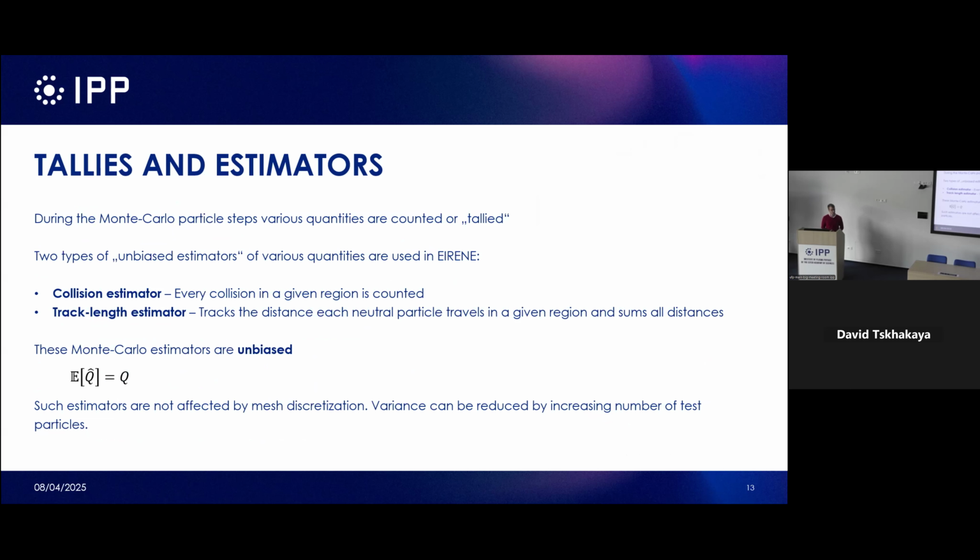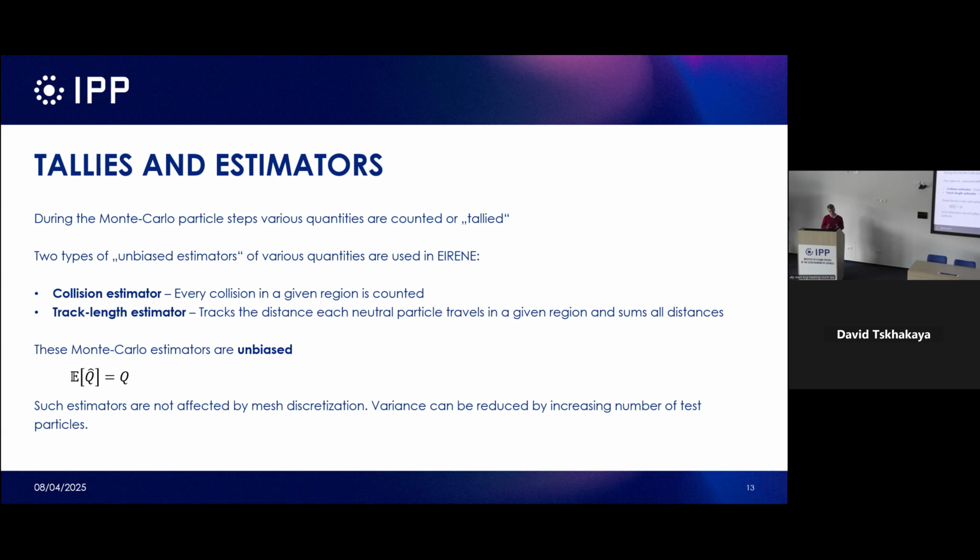So, of course, we want to get some information from the simulations. IRENE uses two types of tallies or unbiased estimators to get estimates of various quantities. It uses collision estimators, which basically track the number of collisions inside some region or a cell.